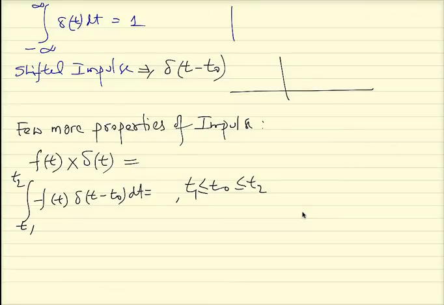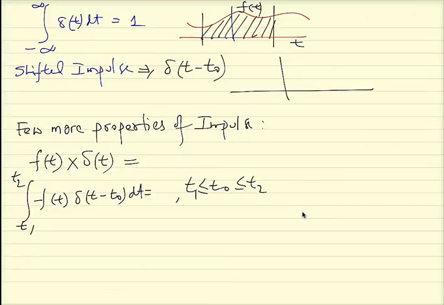For example, if you have a signal f of t and you want to find the area under this curve from a to b, you integrate f of t from a to b, and that gives you the area under the curve.